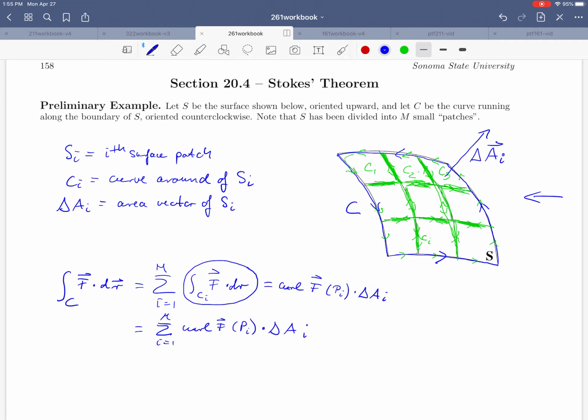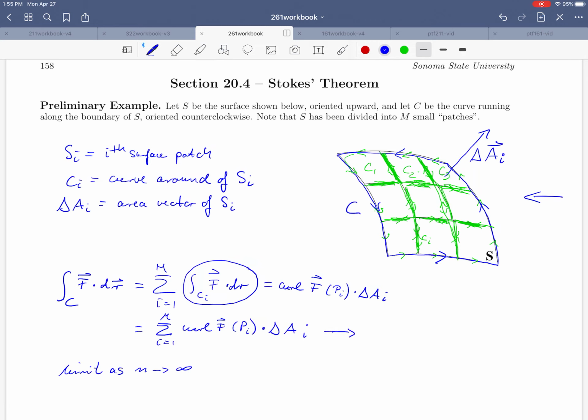And now imagine, like we always do when we are integrating, taking smaller and smaller patches. So imagine taking the limit as n goes to infinity. Then this sum turns into a surface integral, into a flux integral.